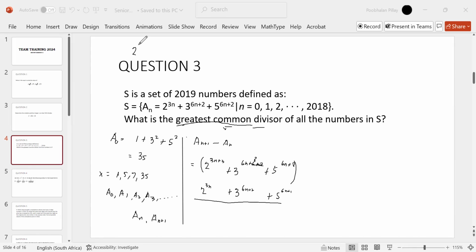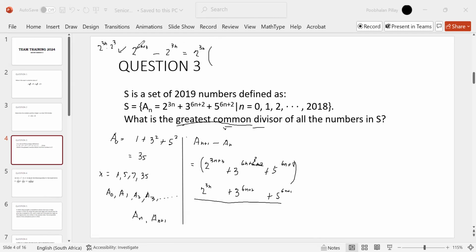2 to the power of 3N plus 3 minus 2 to the power of 3N. Now, when you do indices, you will know that you can factorize this because this is 2 to the 3N multiplied by 2 cubed. And this is 2 to the 3N. So 2 to the power of 3N is a common factor, right?